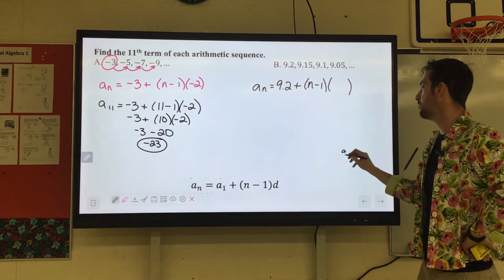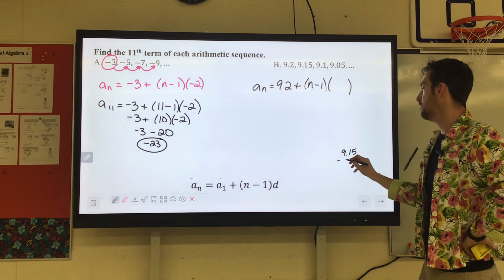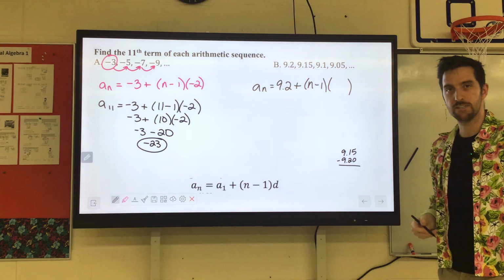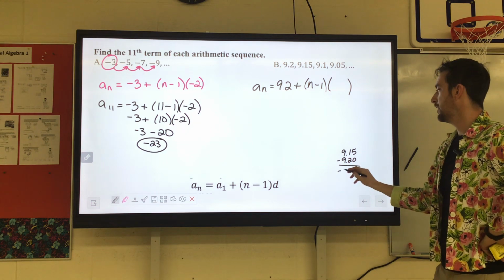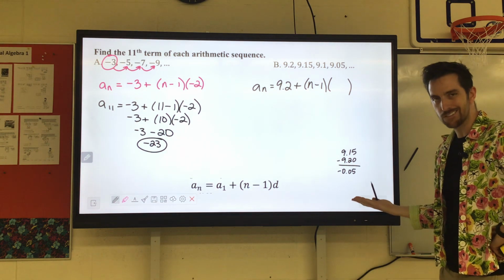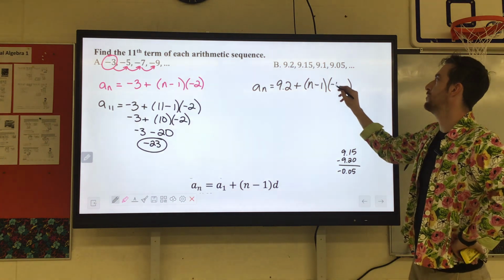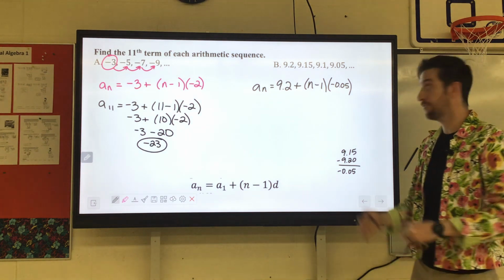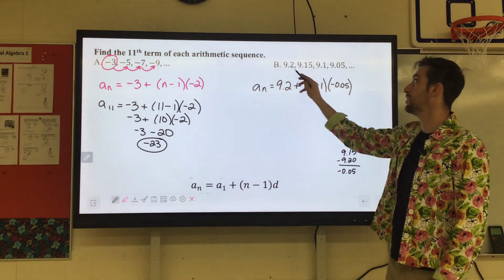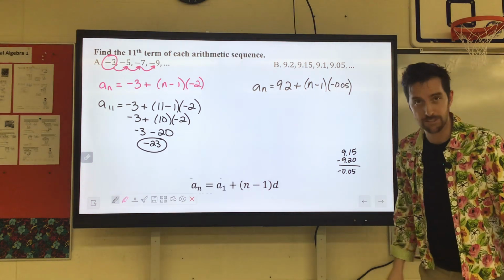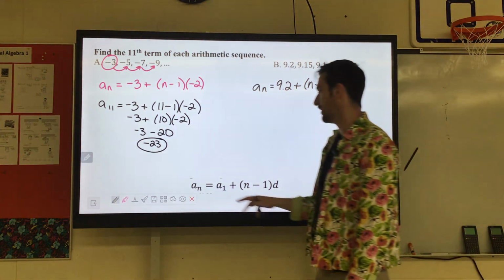So if I did 9.15 minus 9.2, or if we're thinking like $9.20, that would give us negative 0.05, negative 5 cents essentially. So that would be our common difference. It's going down by 5/100ths each time, or like 5 cents. $9.20, $9.15, $9.10, $9.05. Now we're going to find that 11th term.